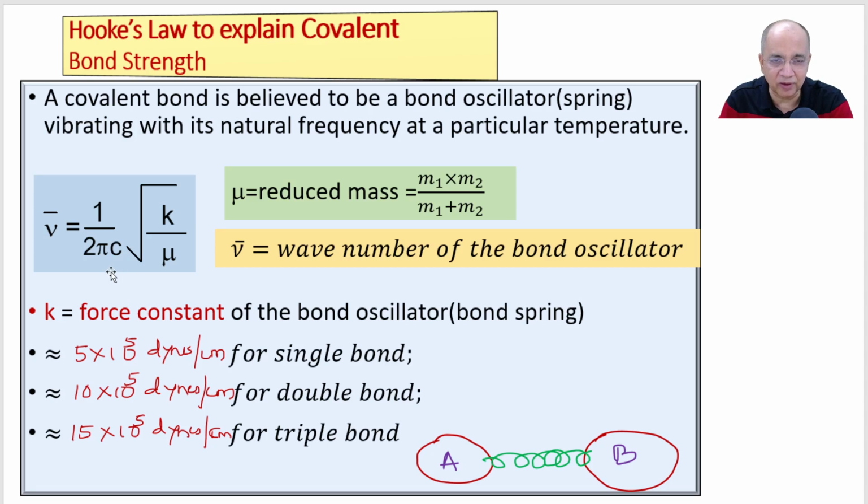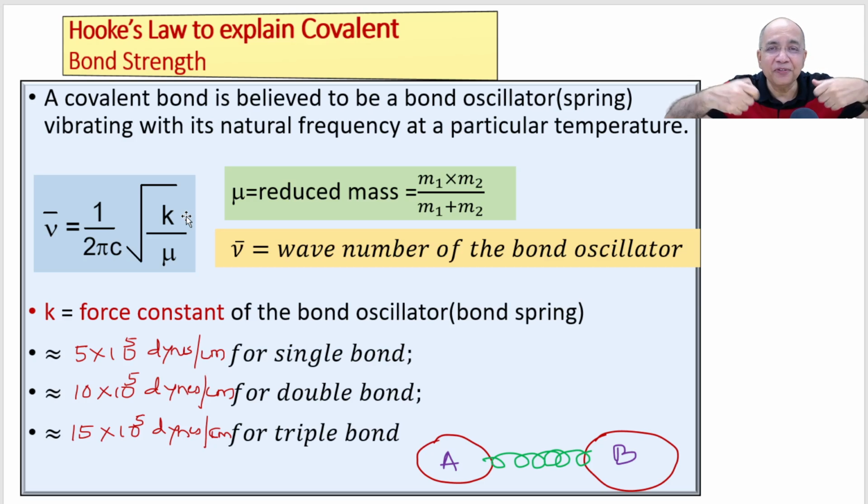C is the velocity of light, K is the force constant. If the bond spring is stiff, then K is large, the bond is stronger, and the bond energy to break it is more.